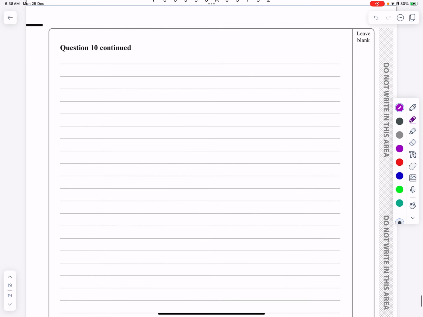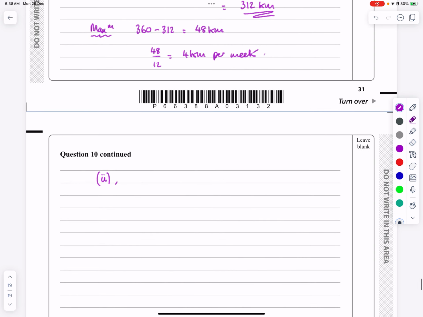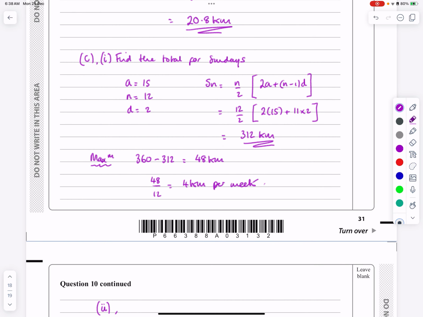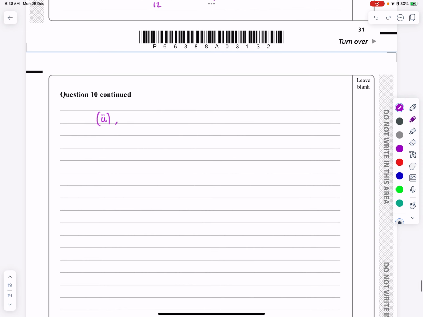Part 2, we've got exactly the same idea about trying to find the sum of n terms here, but this time I'm finding it with this scenario.